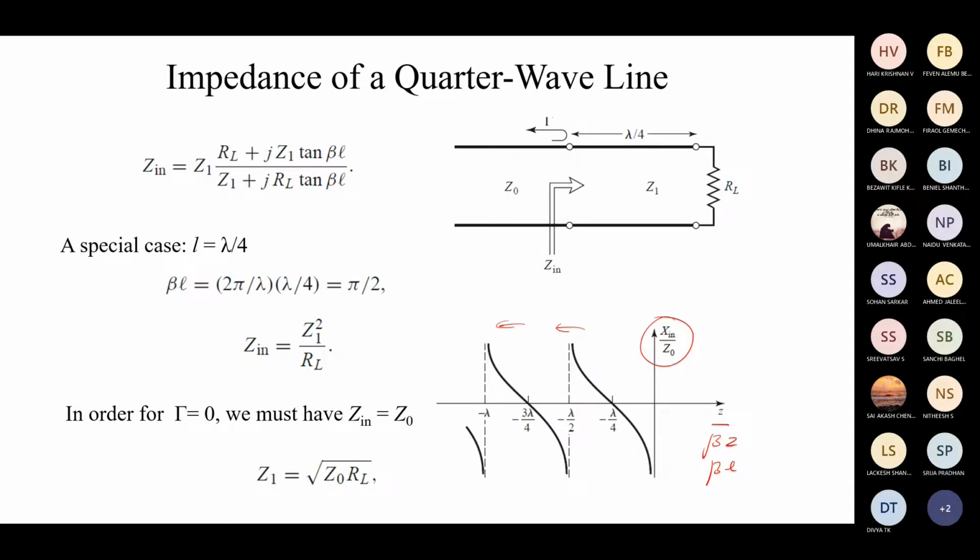Then we have seen the quarter wave transformer, and how it is helpful in matching two distinct impedances. One system is having impedance of Z0 and another load is having a completely different impedance. Let's say this is an antenna. So this antenna might be having, let's say, 100 ohm, and this is a 50 ohm transmission line which is supposed to be connected to a receiver.